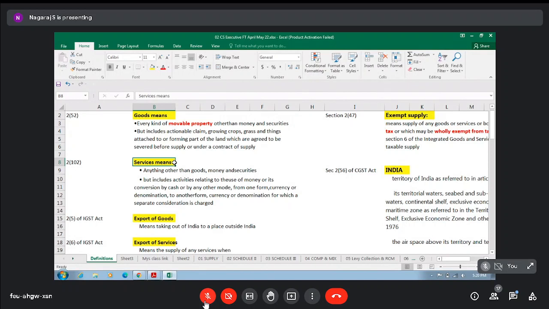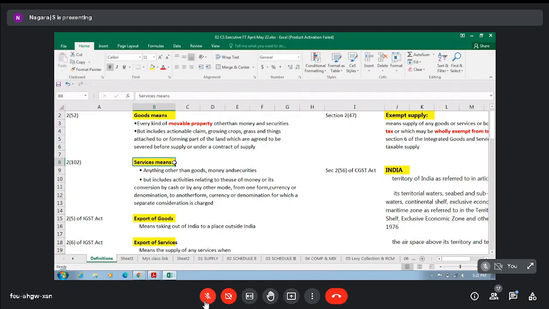Because as per the definition, that is service. If that is service, it should be liable to GST, right? No, that is excluded. It is implied that immovable properties are not service.